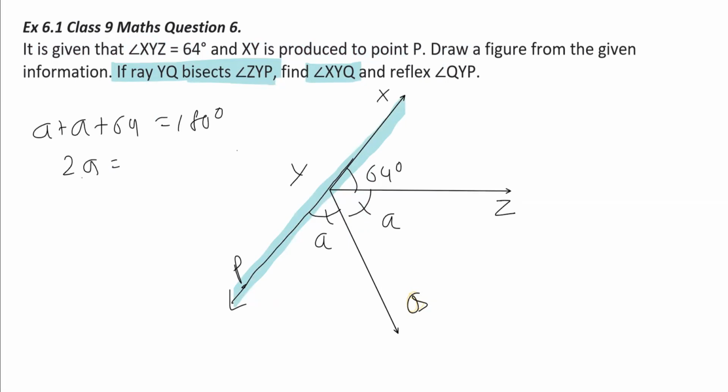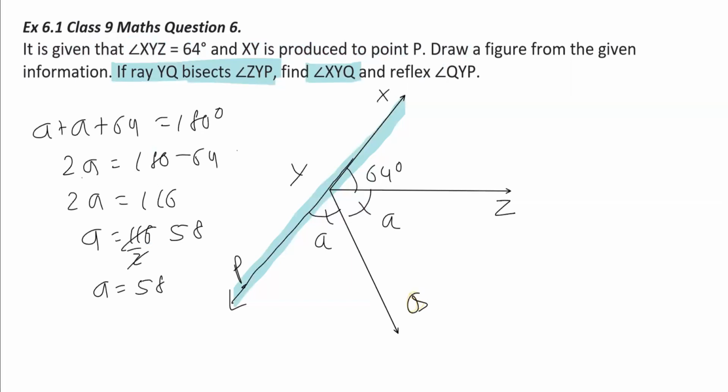So 2A is equal to 180 minus 64. So 2A is equal to, this will give you how much? 116. So A is equal to 116 divided by 2, that is 58.